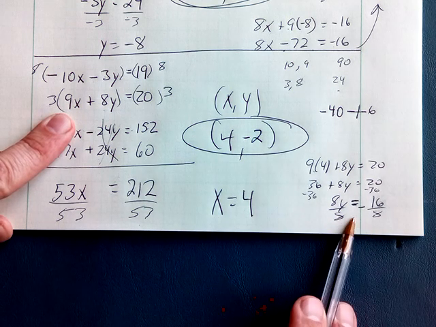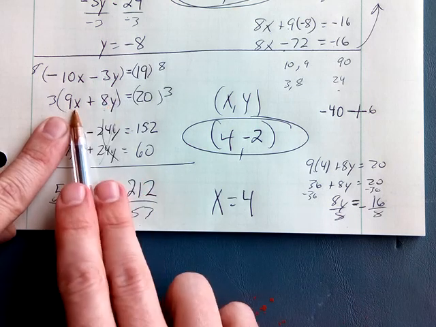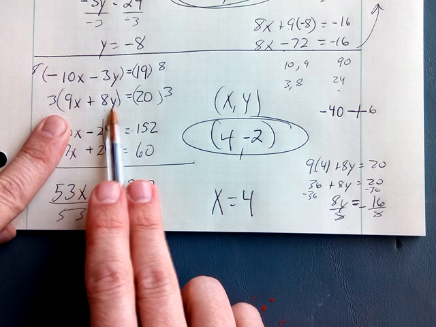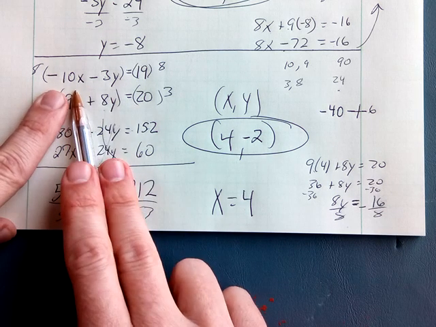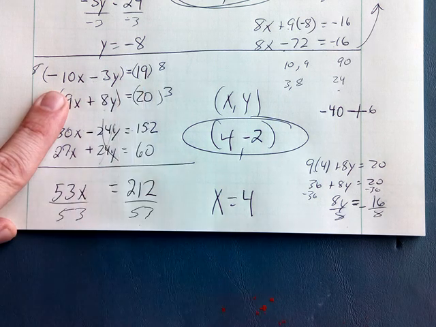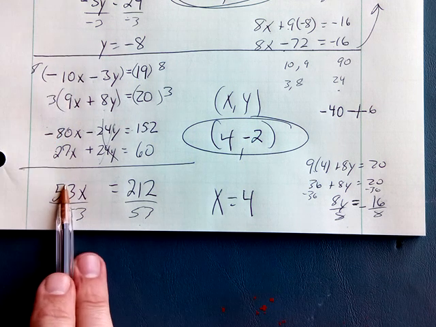So that is my y value. Y value is negative 2. So what did I do wrong? 36 minus 16 is 20. Negative 40 plus 6. It's not 19. Where did I go wrong?